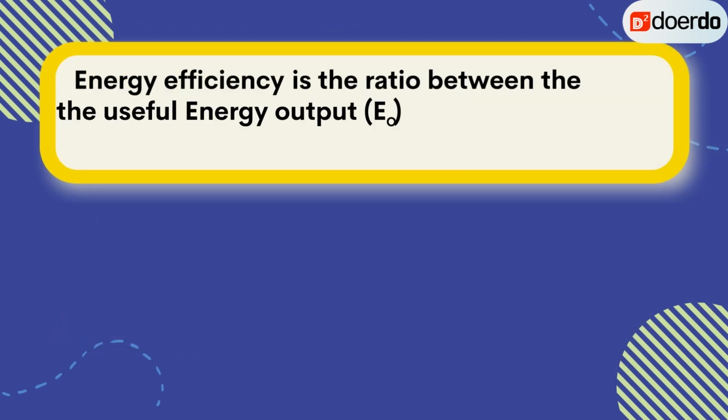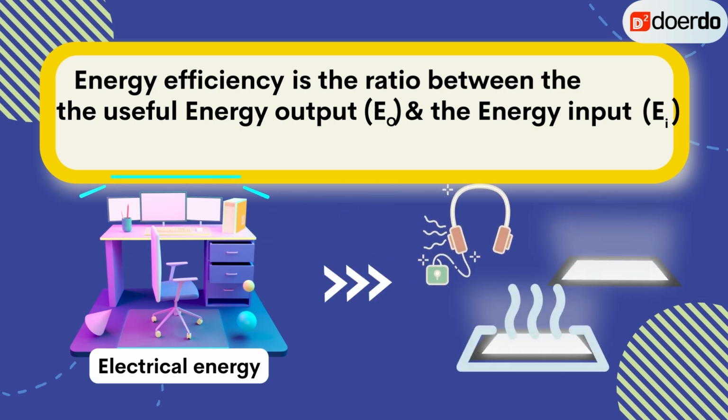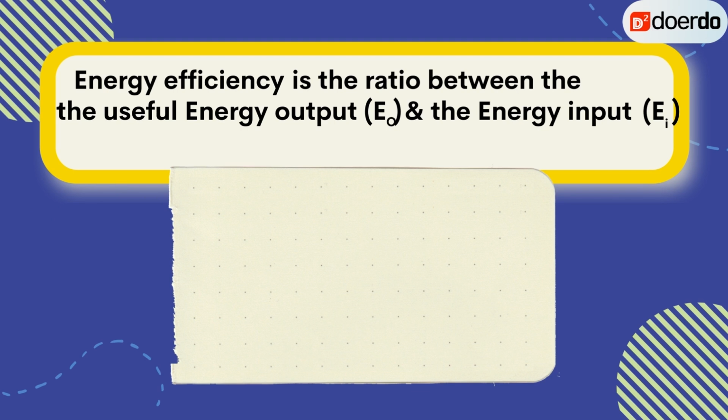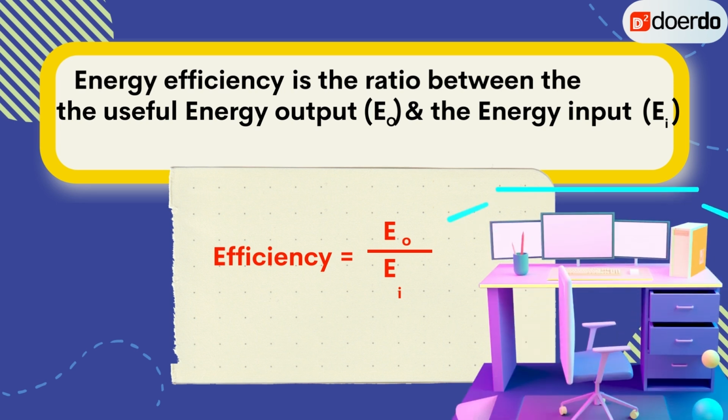Energy efficiency is the ratio between useful energy output and the energy input. We want all the electrical energy to get converted into the desired form of energy. Efficiency is given in the form of a ratio that describes the energy input and energy output of that electrical appliance.